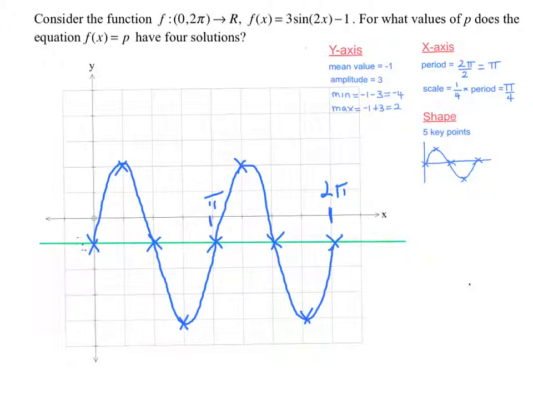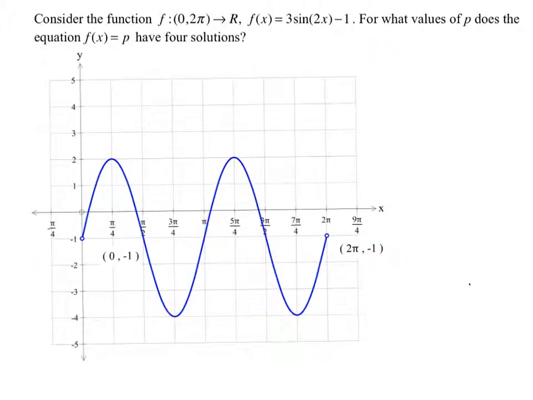Now you need to make sure that at the end points, with a domain that has open intervals, you show open endpoints. As you can see, I've drawn the curve with open intervals at the beginning and at the end, and I've labelled those endpoints as well.